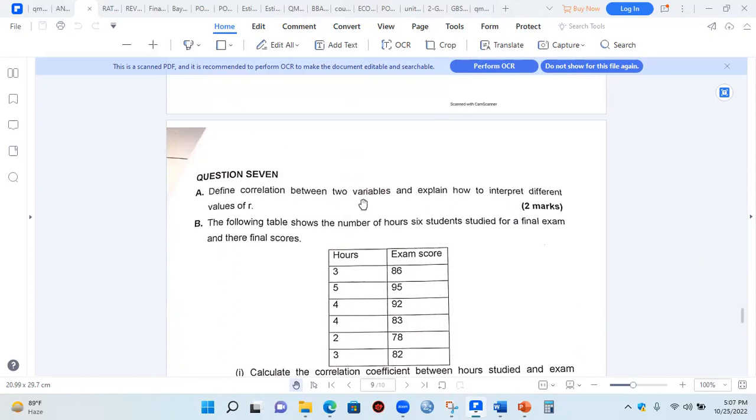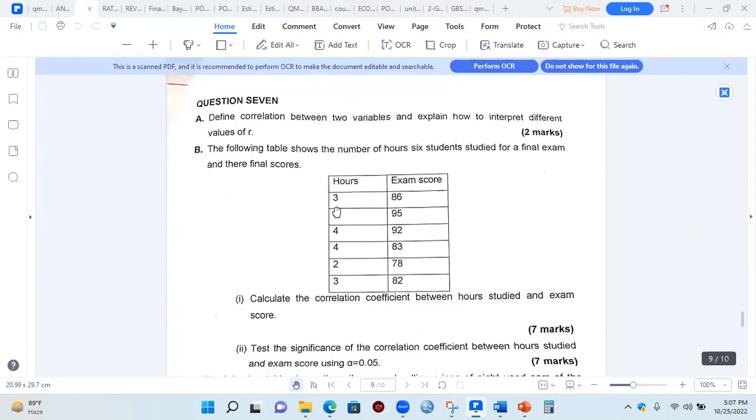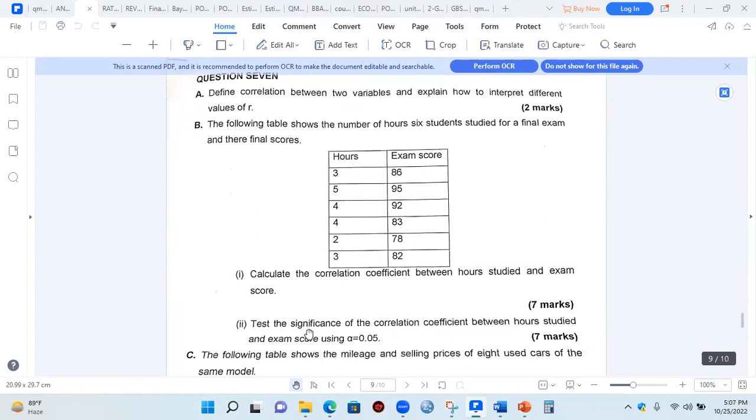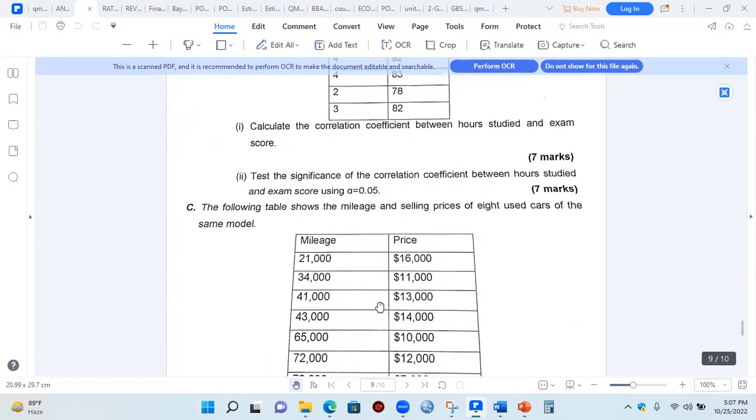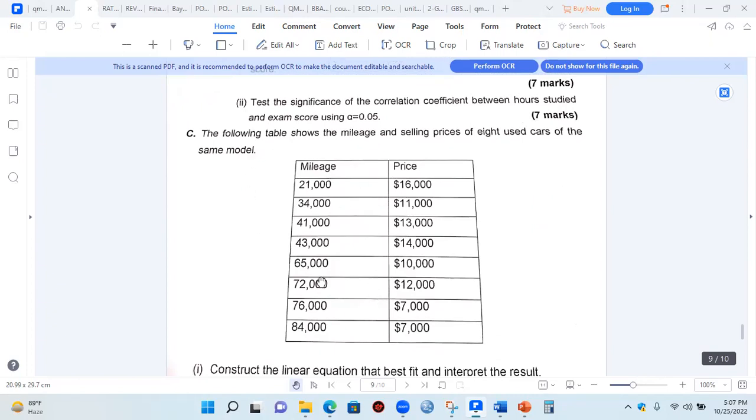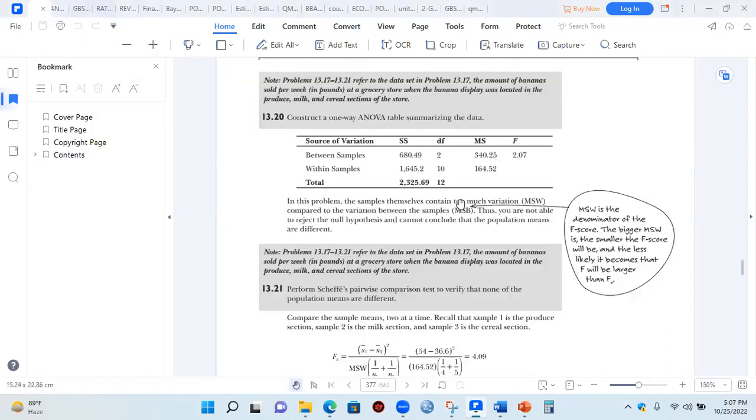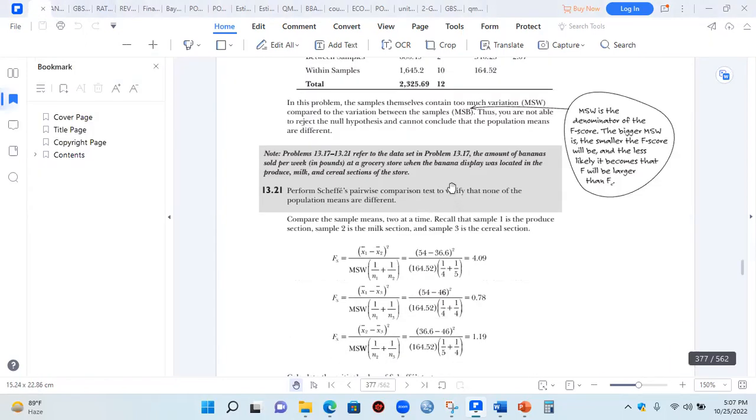Define the correlation between variables and explain how to interpret the values of R. I've already told you that. And you're told the hours that were spent by 6 students. Find the correlation, you're given 7 marks. Test the correlation at 0.05. This I'll teach tomorrow. And also you're given the mileage and the price. So I think this question we got it from here as well.